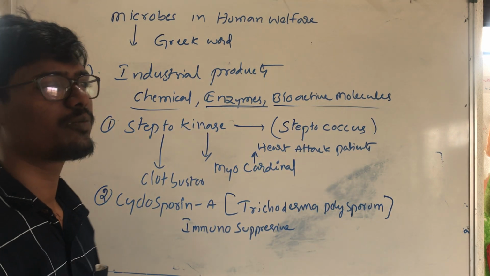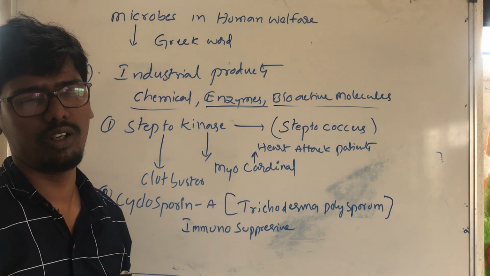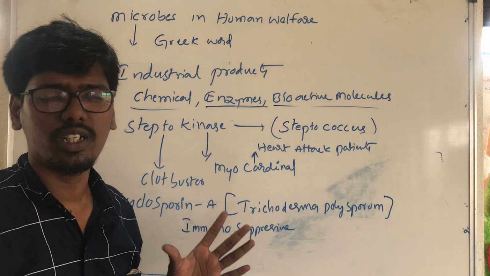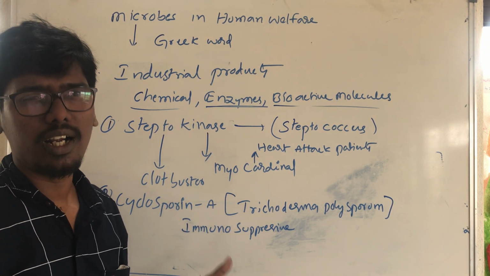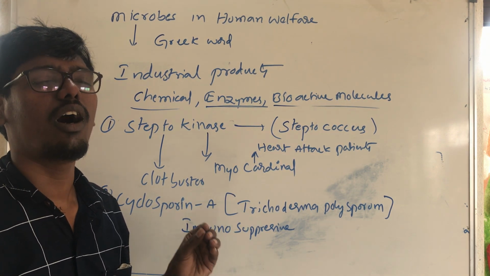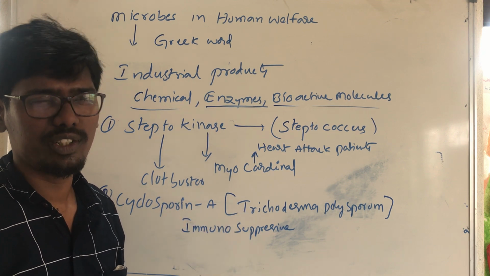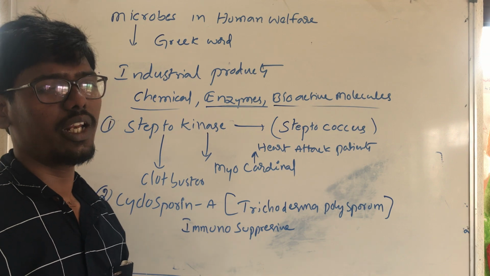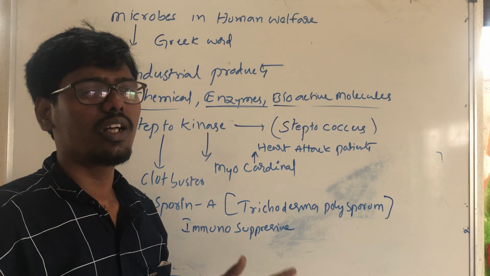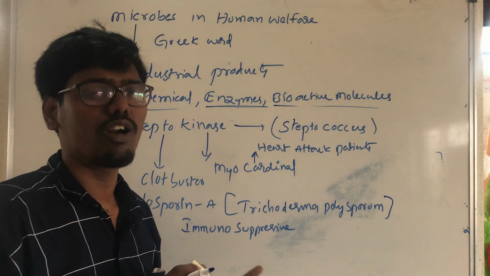Immunosuppressive means, for example, organ transplantation patients. At the time of organ transplantation, immunity levels automatically go down, and then transplanting the organ is not possible.